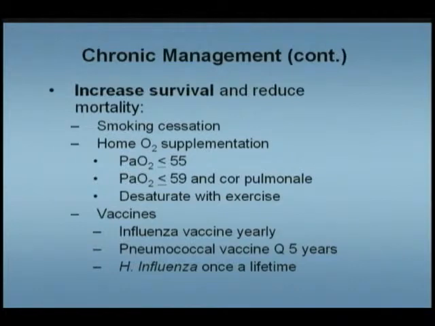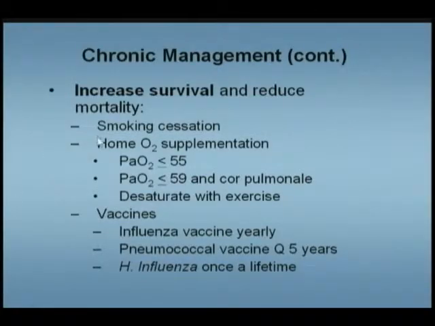And the second one, if they have significant hypoxemia, they get home oxygen supplementation. The home oxygen supplementation is basically to reduce the pulmonary hypertension that's associated with the hypoxemia and the hypercapnia.